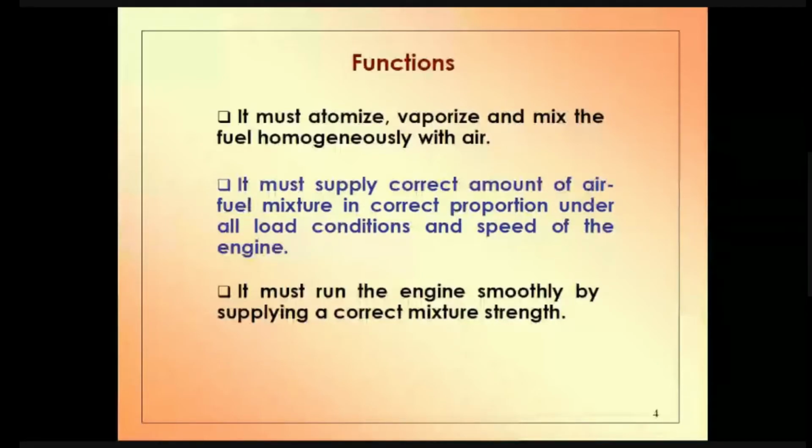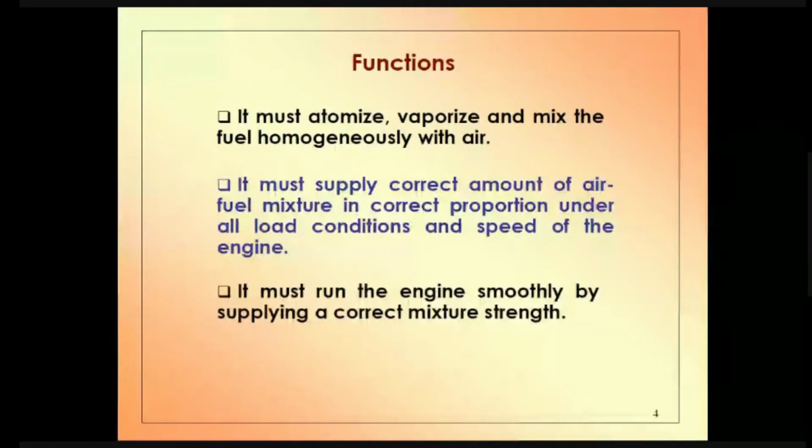Second, it must supply the correct amount of air-fuel mixture in the correct proportions under all load and speed conditions of the engine. As we have classified the load conditions into four categories, in all four categories the amount of fuel required is not equal.